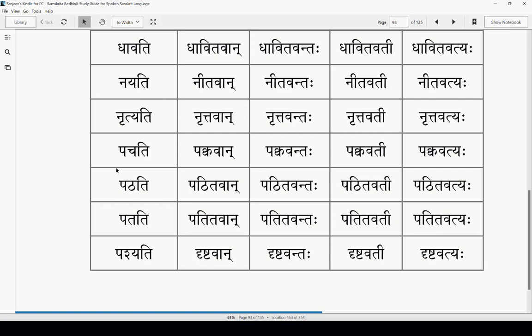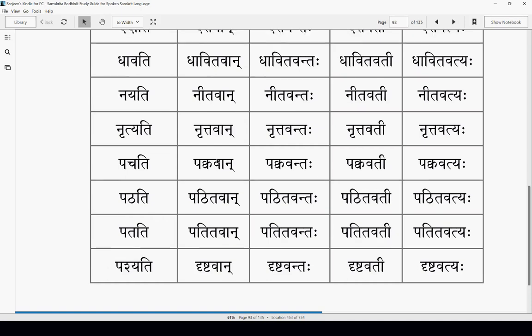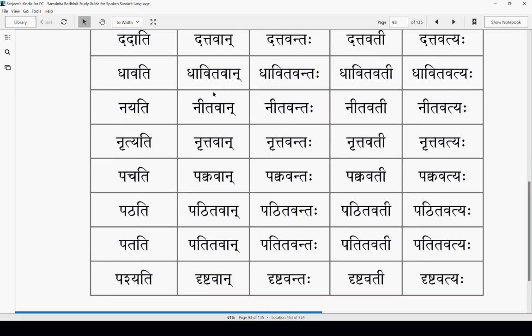Pachati, Pakvavan. Some have a special form here, Pakvavan. But generally these Bhutakridanta forms are formed based on the dhatu. For example, Nayati: what is the dhatu?